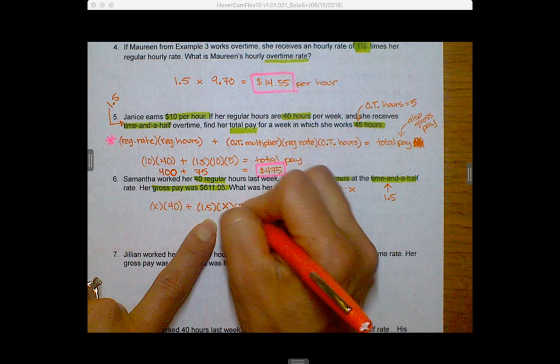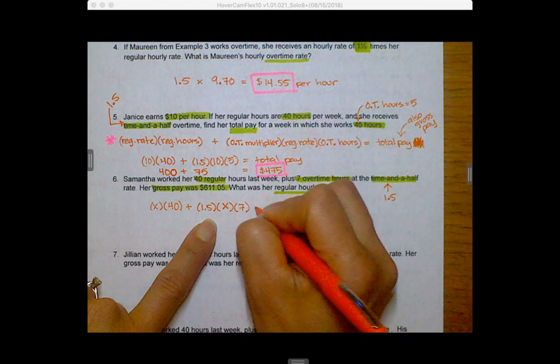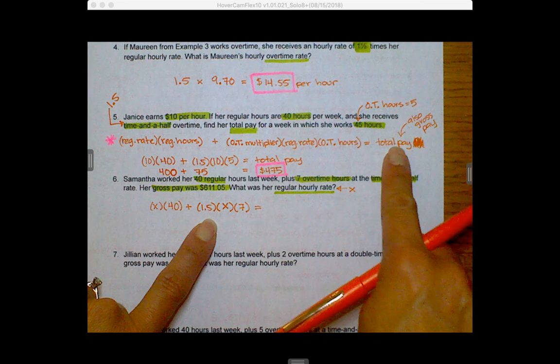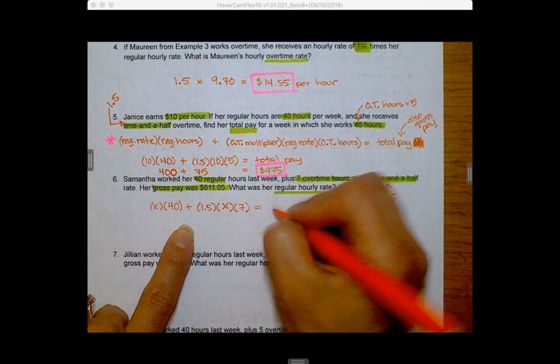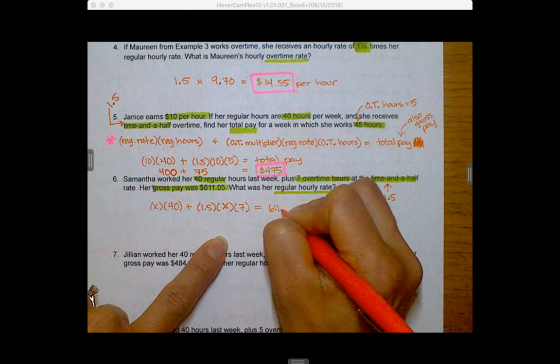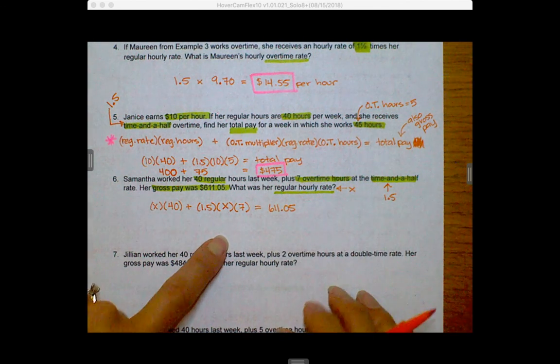Told me 7 overtime hours. That equals her total pay. Remember, another word for total pay is gross pay, which they told us here was $611.05. Okay, so now we're going to start solving this equation.